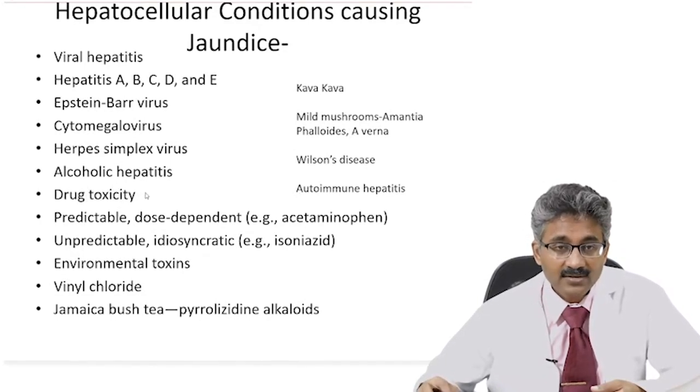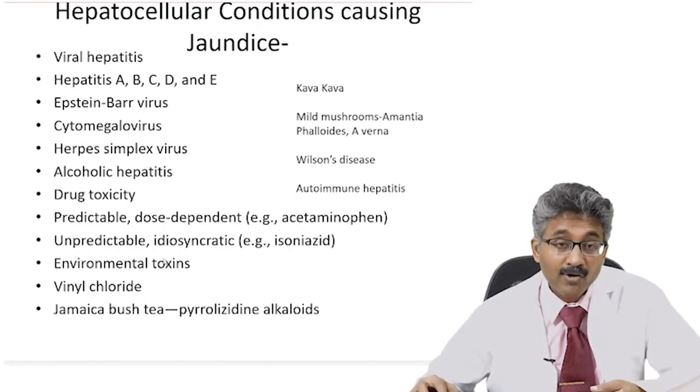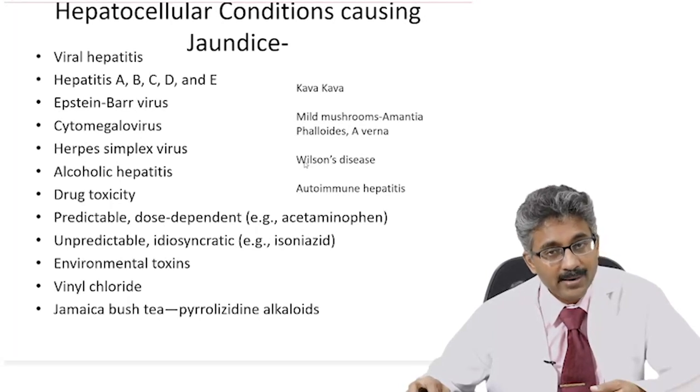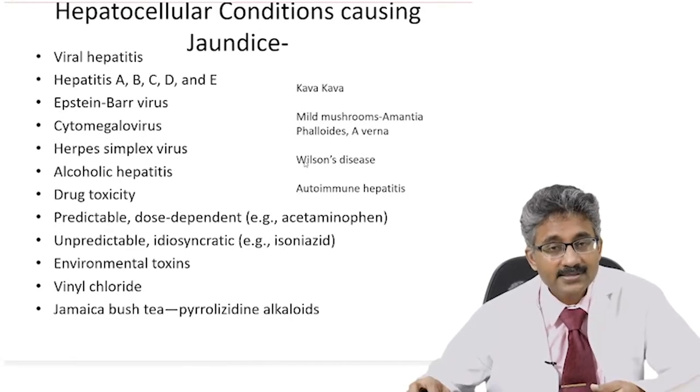Drug toxicity: predictable dose-dependent drugs like acetaminophen, or unpredictable idiosyncratic reactions like INH. Environmental toxins: vinyl chloride, then Jamaica bush tea, kava, mushrooms like Amanita phalloides, Verna. Then one metabolic disease, an intermediary metabolism disease, Wilson disease, can produce hepatocellular jaundice.